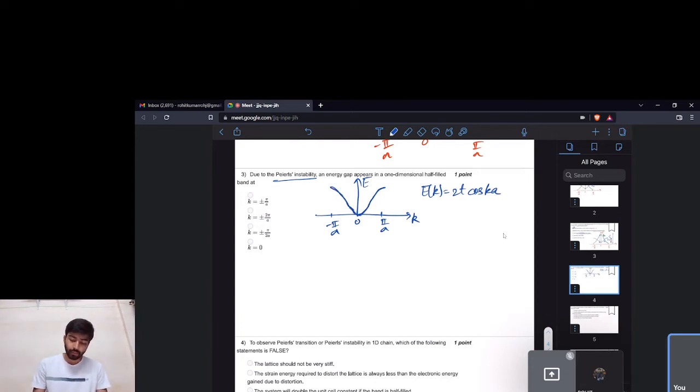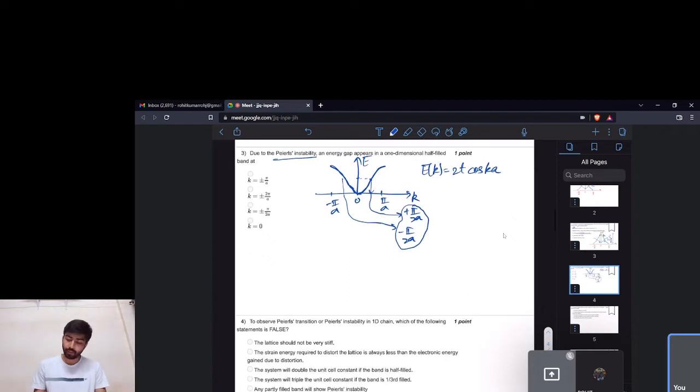Now if the band is half filled, let's say energy half, this point corresponds to k values at both: this is minus pi by 2a and this is plus pi by 2a. So the energy gap appears in a one-dimensional half-filled band at k equal to pi by 2a and minus pi by 2a.